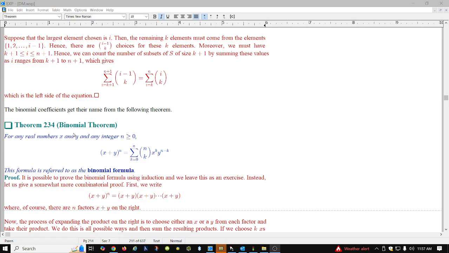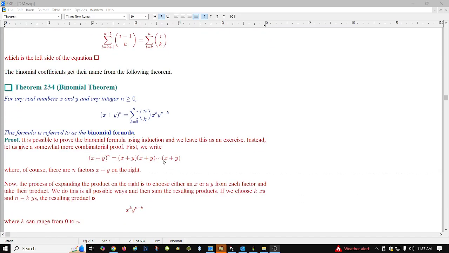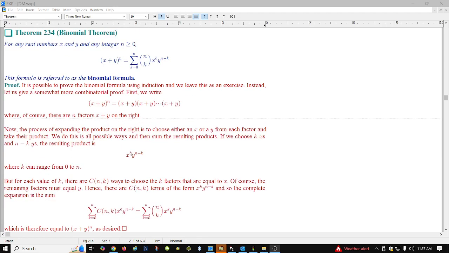Here is, for the record, the binomial theorem, which supplies the name for the binomial coefficients. I have a feeling you know this quite well, so I'm not going to dwell on it. If you have, say, real numbers x and y, and n is a non-negative integer, (x + y)^n is this sum, called the binomial formula.